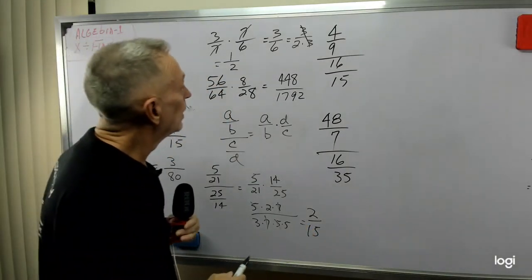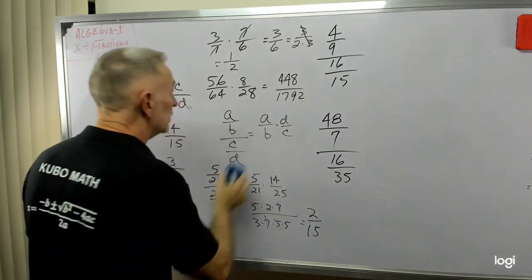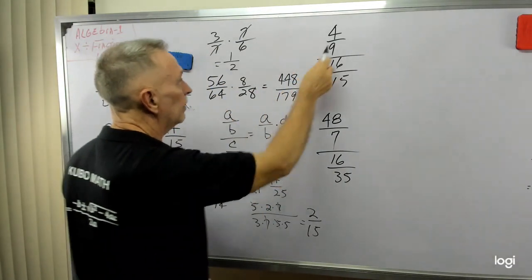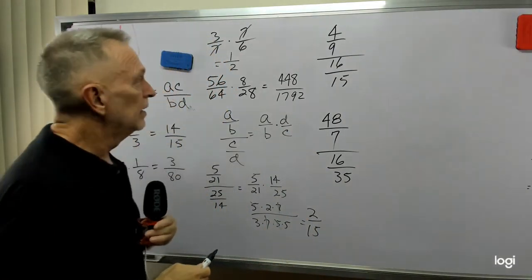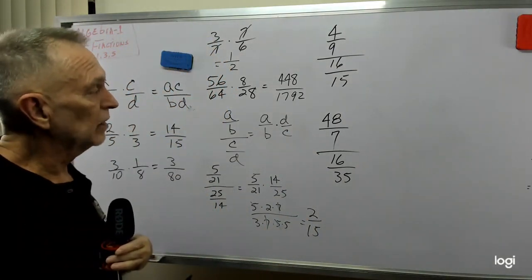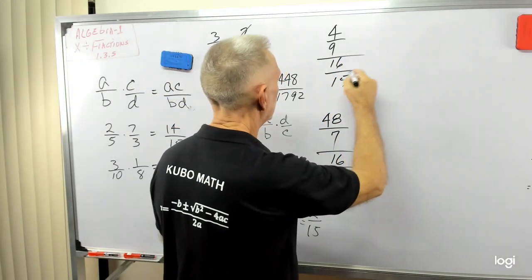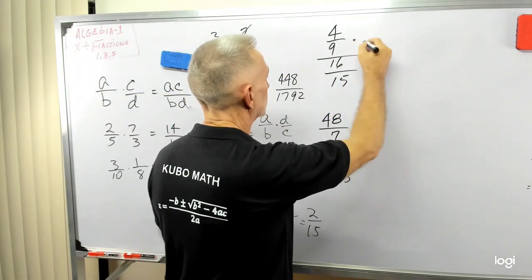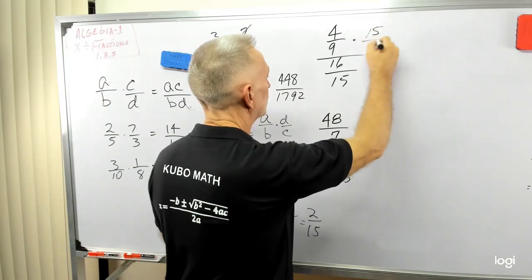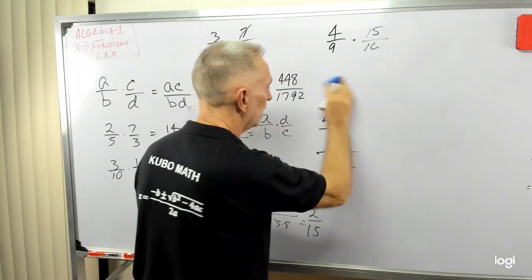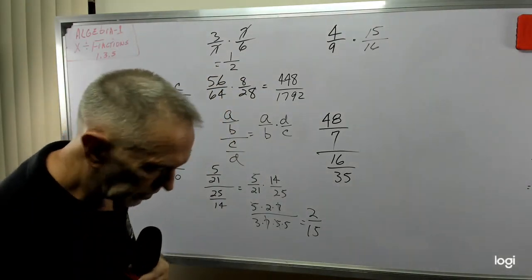Okay, let me clean this up just a little bit. Now I have 4 over 9 divided by 16 over 15. So again, I'm going to invert and multiply. So just for the sake of space, I'm just going to put this 15 over 16 and then erase that and get a new marker.